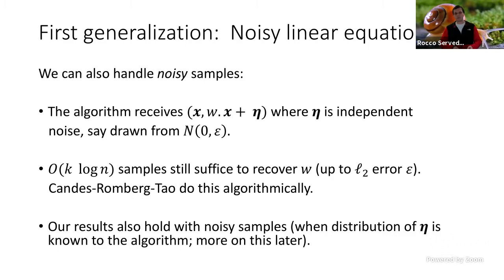That'll come up later. But in this setting, for now, let's say we still have independent x's drawn uniformly from the hypercube, but now we have noisy labels. So we don't just get w.x, we get w.x plus some Gaussian noise. In the recovery setting, it's known that the sparse recovery results will still go through in this kind of framework. And our results also go through. So we can handle noise without really any problem at all, as we'll see when I sketch some of the arguments.